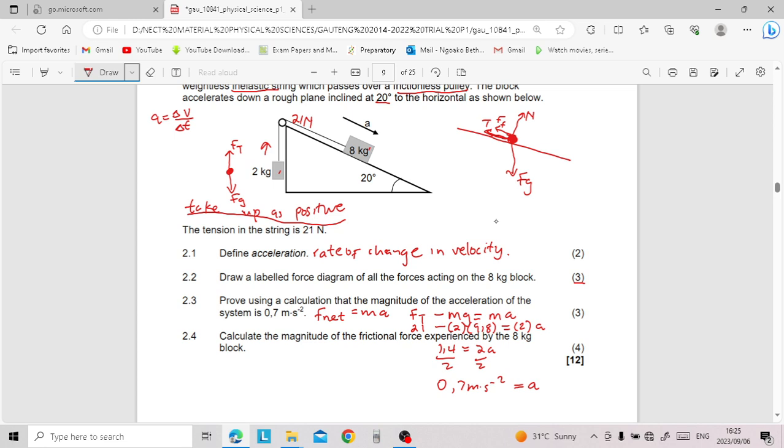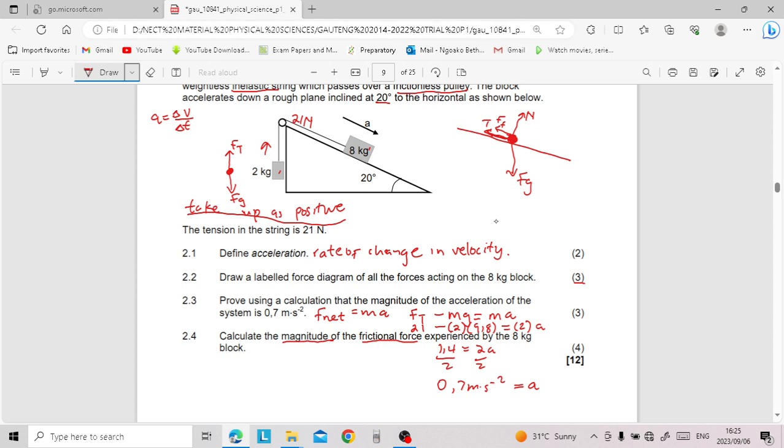Now if I calculate the magnitude, we only need the size of the frictional force experienced by the 8 kilogram block acting on this. So calculate the frictional force on the 8 kilogram block. We draw a free body diagram.